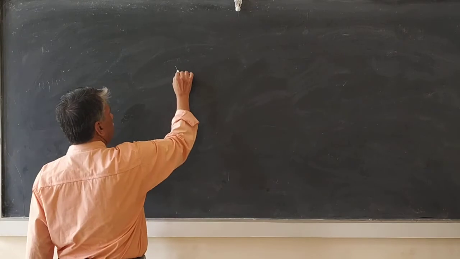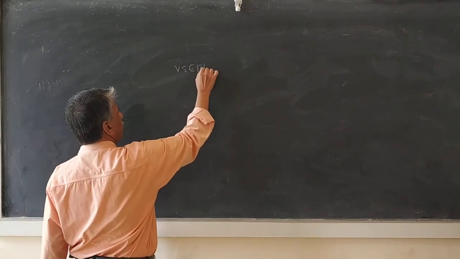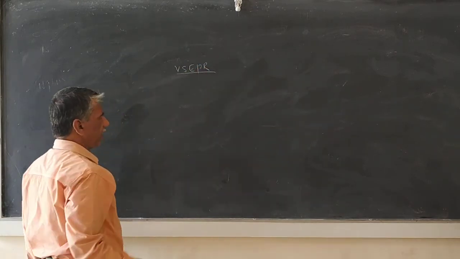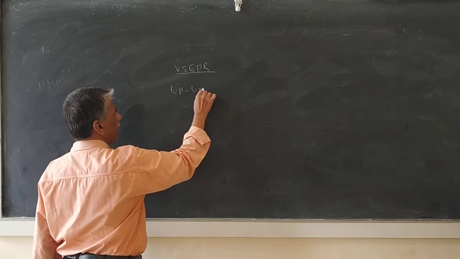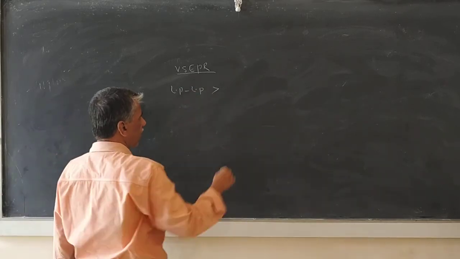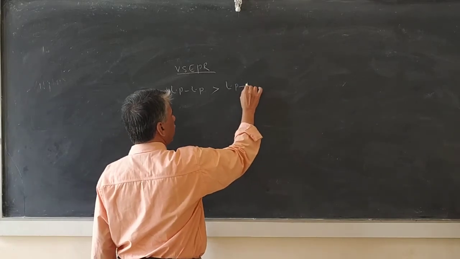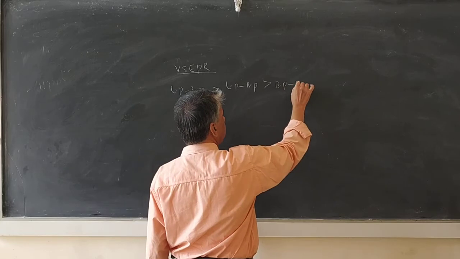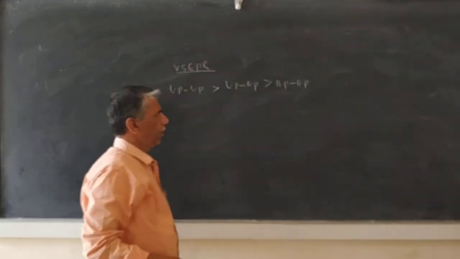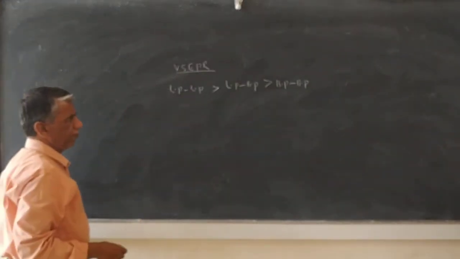According to this theory, the repulsion between lone pair and lone pair electrons is greater than lone pair and bond pair, which is greater than bond pair and bond pair electrons. So this is the sequence.